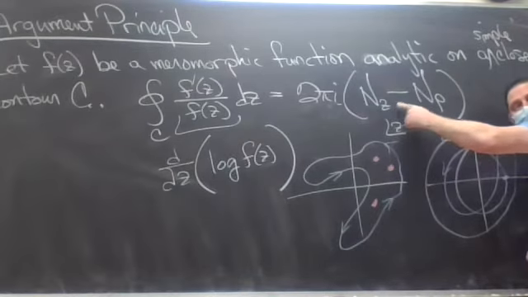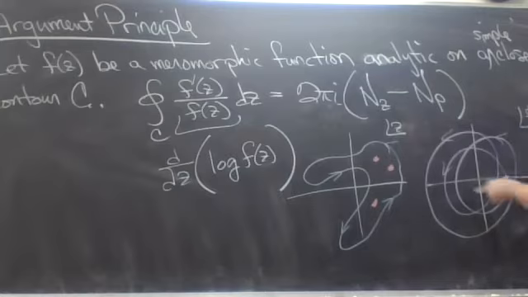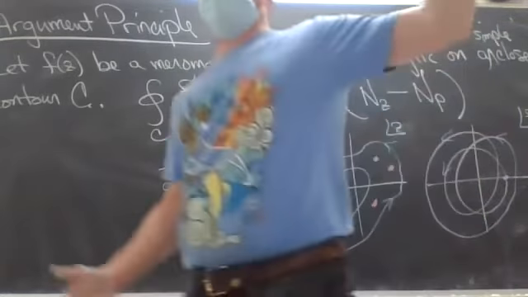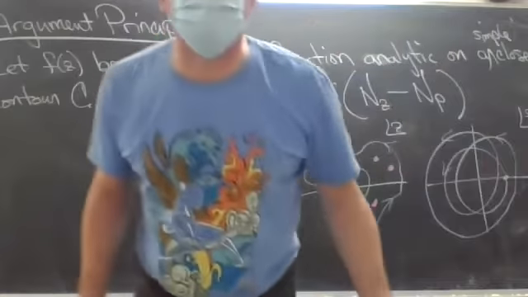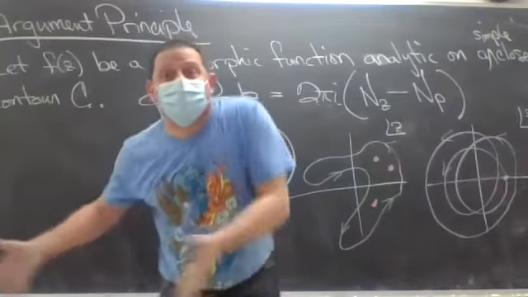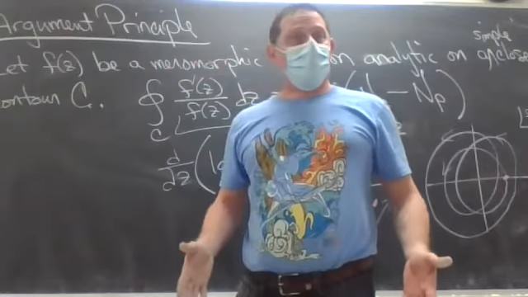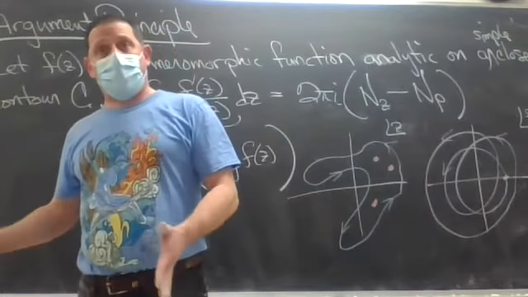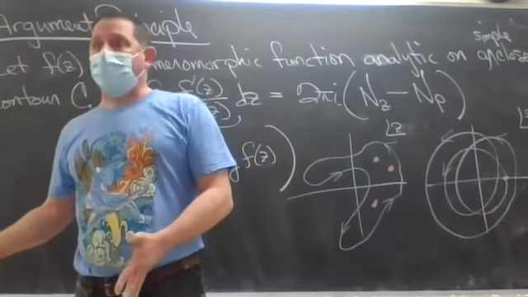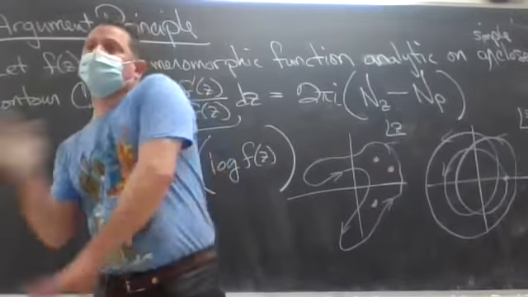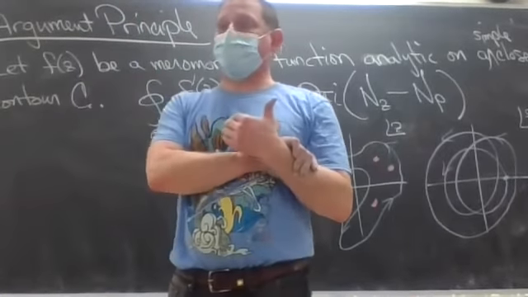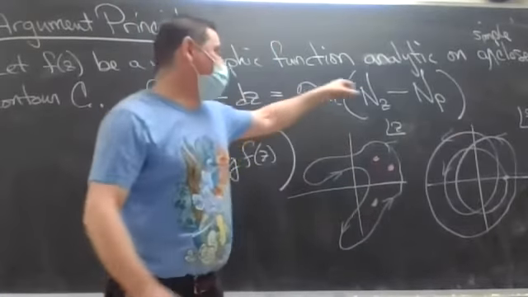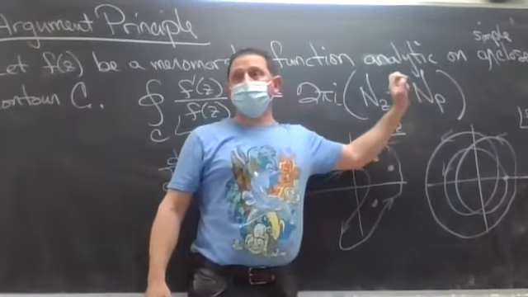Okay? If you have a pole, it means you're going to go backwards. You're going to go around the origin the other way. If you like, you can think about it as going around infinity. All right? You're going around infinity in a counterclockwise fashion. So that is understood as going around 0 in a clockwise fashion. So that's why we're subtracting the poles.